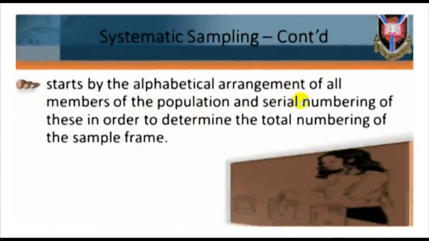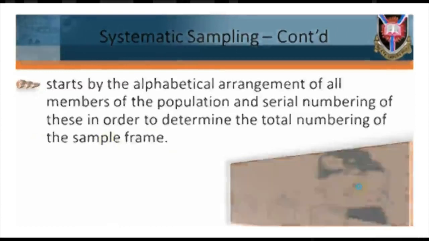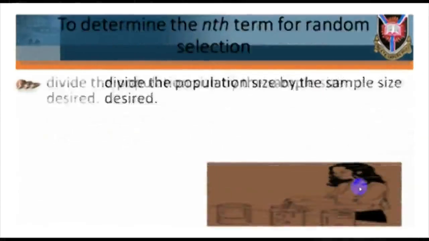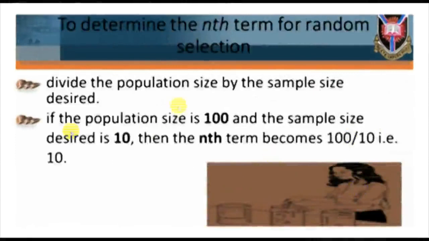To determine the nth term for random selection, divide the population size by the sample size desired. Thus, if the population size is 100 and the sample size desired is 10, then the nth term becomes 100 divided by 10, which is 10.